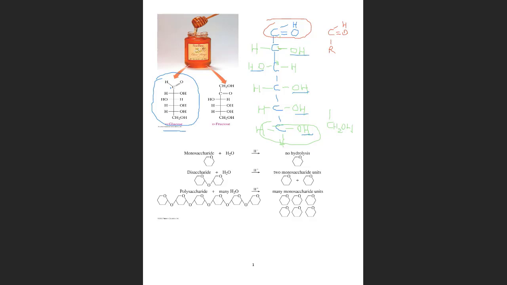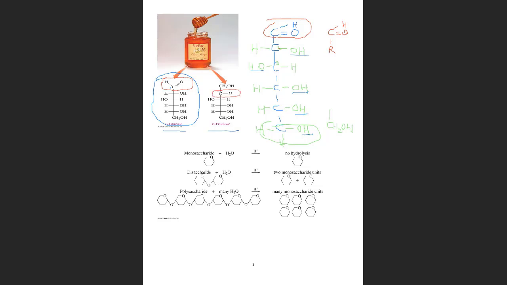Let's look at fructose. Fructose is also a carbohydrate, but look at the difference. Look at the group that is different. This one we said is an aldehyde, right? The carbon 1. And look at carbon 2.